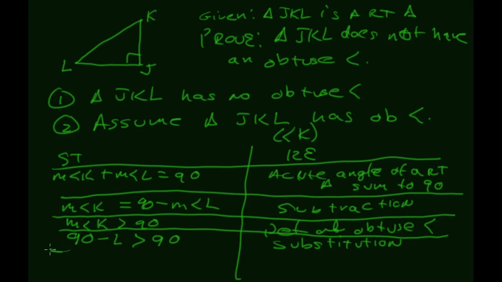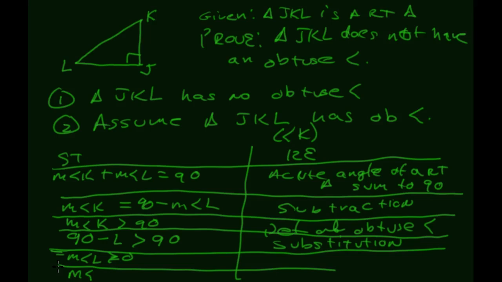If we work this around, negative the measure of angle L has to be greater than 0, which means that the measure of angle L, so that's subtraction again, has to be less than 0. That's by division. And there lies our contradiction. The measure of an angle cannot be less than 0 degrees.